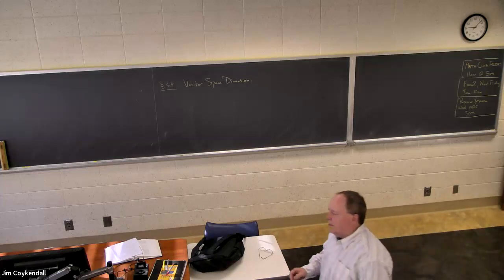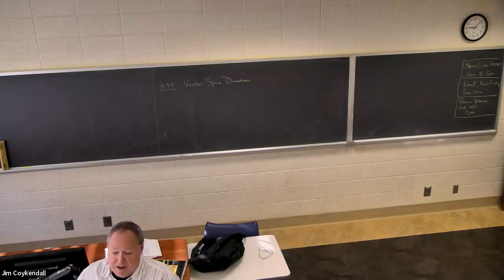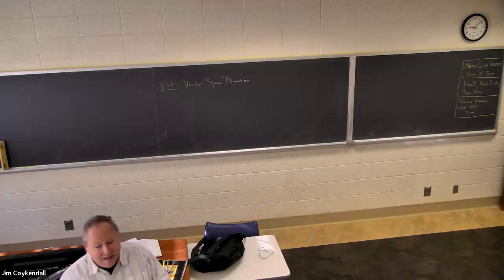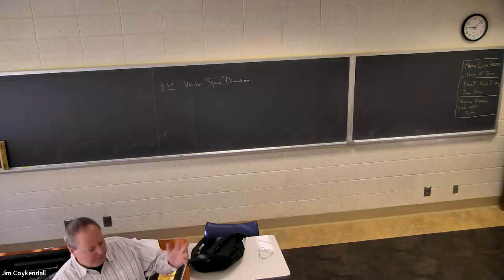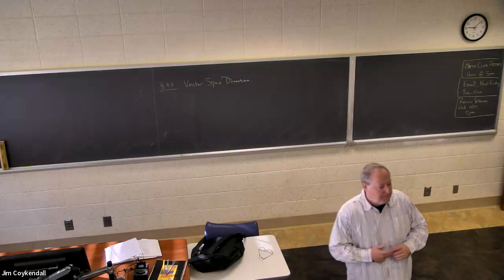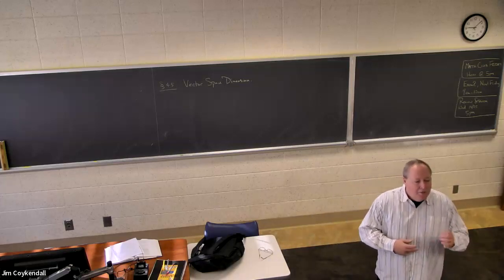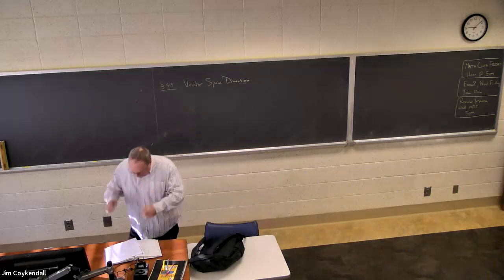Well, just because it's in R5 doesn't mean it has to be 5-dimensional. It means it can be less than or equal to 5-dimensional. And it doesn't necessarily have to be R5. It could be some other wacky, Midnight Gospel kind of 5-dimensional vector space, right? So the dimension comes from this right here.